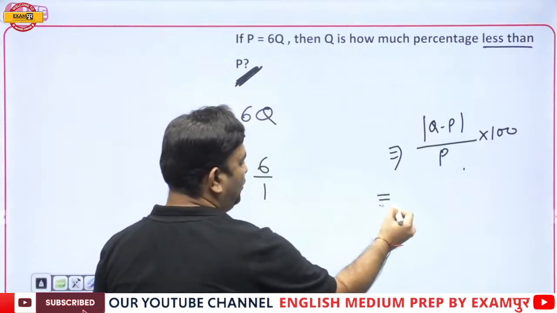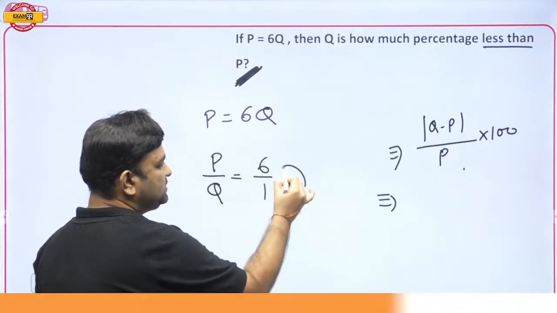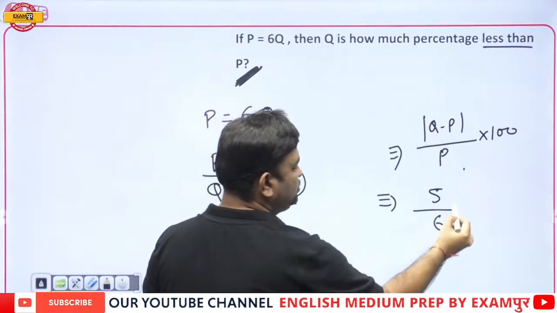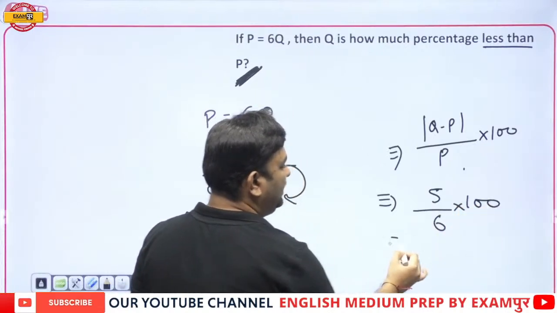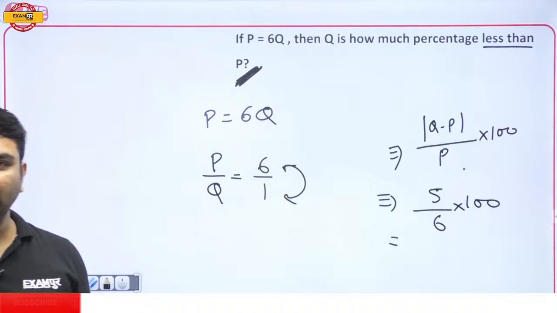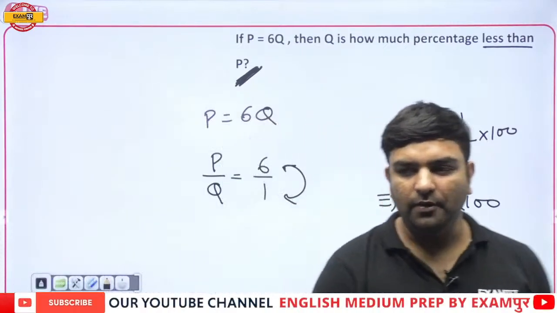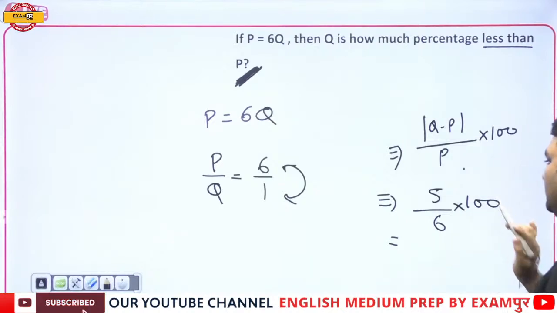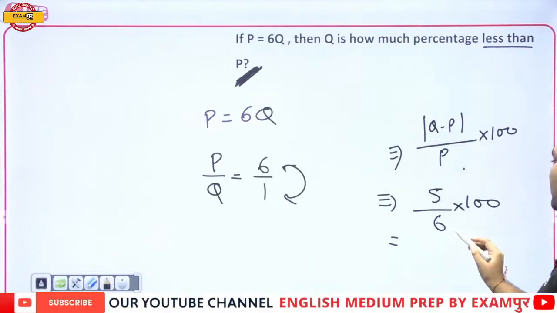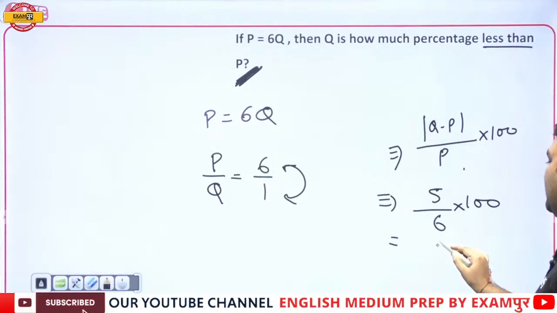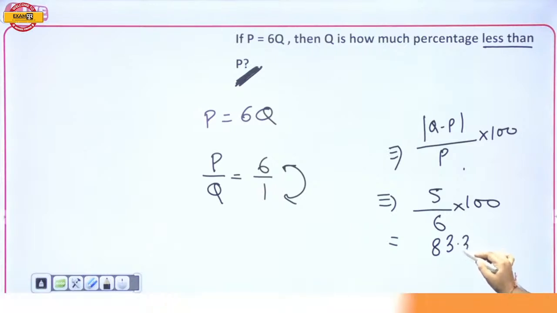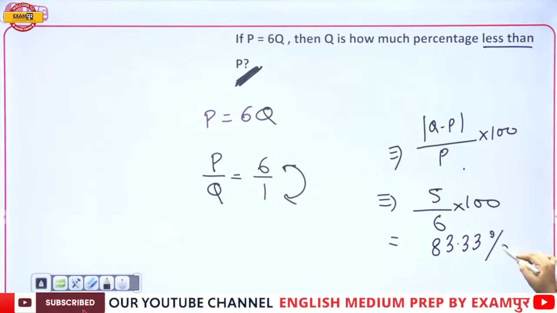So, the difference of both the numbers is 5. Divide by P is 6 into 100. If you remember 1 by 6 directly, then you can answer it by 1 by 6. If you don't remember it, then you need to multiply it by 100. You will say, sir, 6 8 ja 48, 20. 6 3 ja 18, 83.33%. 83.33% is the answer.